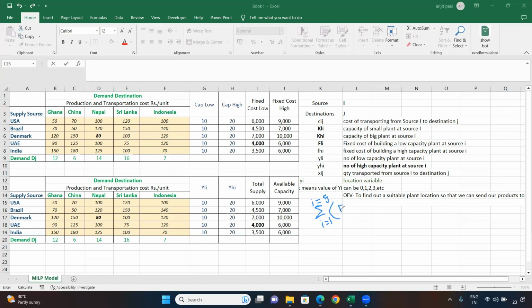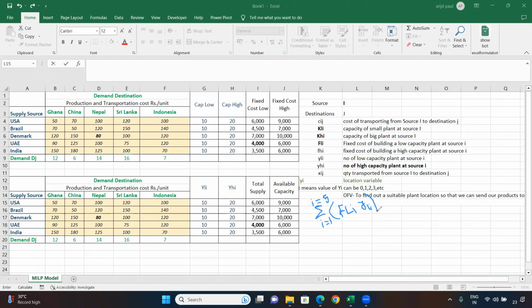then FLI. What is FLI? That is the capex or the fixed cost of the low capacity plant. So FLI multiplied with YLI. What is YLI?